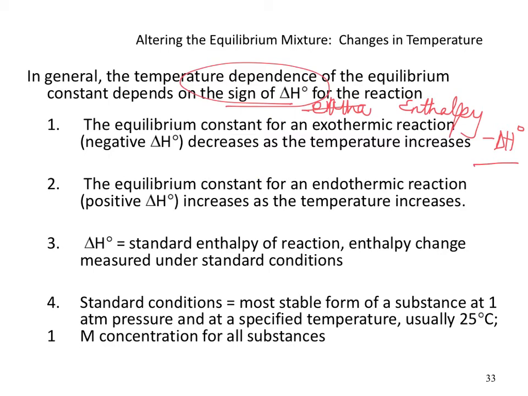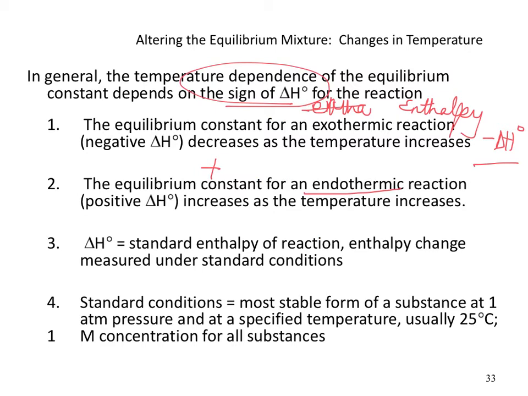On the other hand, if it's a positive value, it's an endothermic reaction. So in general, it is seen that the equilibrium constant for an exothermic reaction decreases as the temperature increases, and for an endothermic reaction, it increases as the temperature increases.